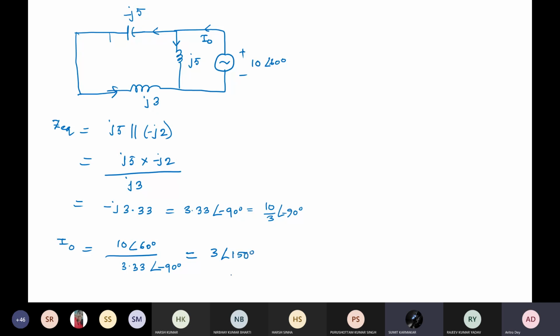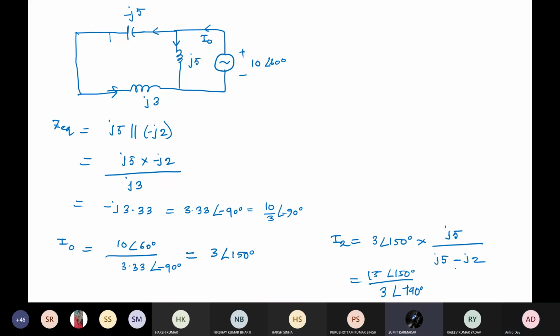So once you find this I0, next is to find your branch current, which is I2, and that I2 will be equal to 3 angle 150 into, using current branching, j5, then j5 minus 2j. So it is again 15 angle 150, and below it is 3 angle minus 90. Oh no, it is plus 90 only, na?